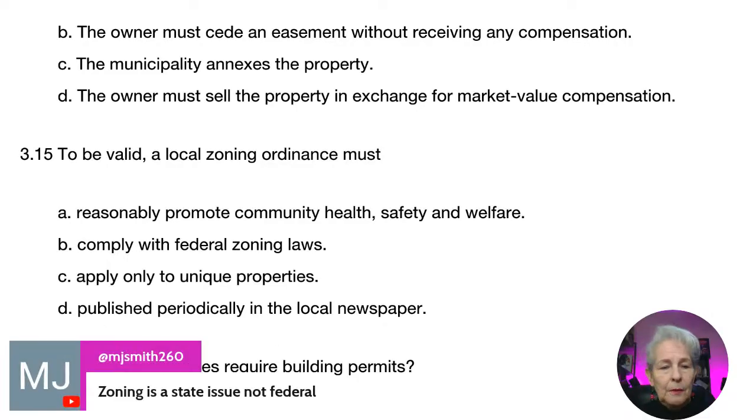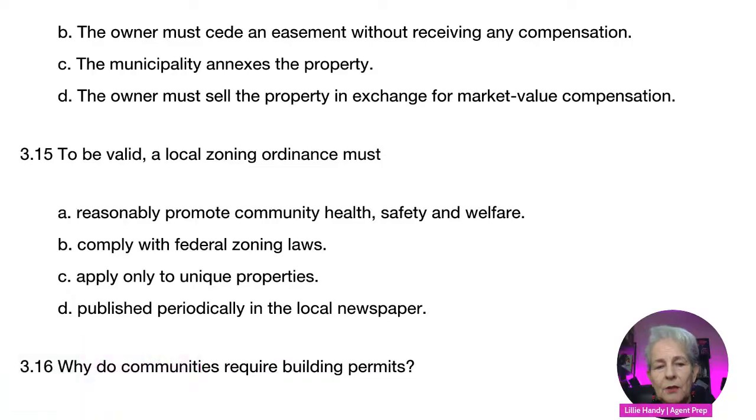So this is what MJ said. Zoning is state issue, not federal. It's not federal. It's city. It's local zoning. There are some state laws when they start to create other things to help with the growth. The state gets involved and provides money for certain expansions around the community.